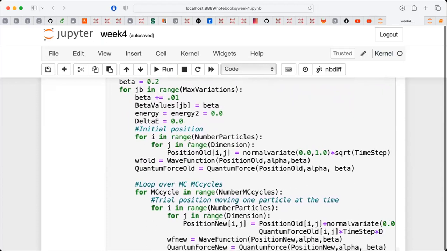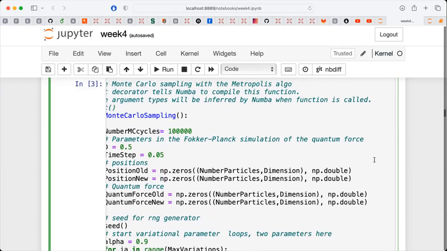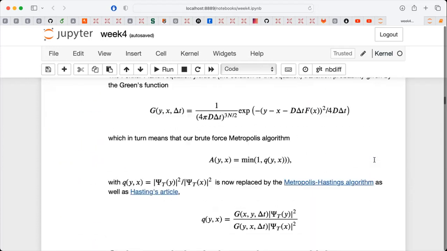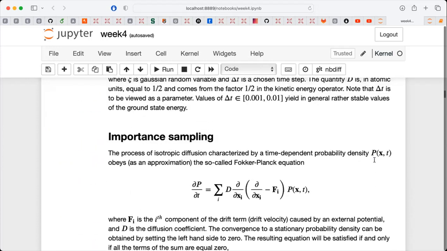I set up an initial position, which is given by a normal distribution with standard deviation 1 and mean value 0, multiplied by the square root of this time step. This goes back to the Langevin equation. Instead of placing myself randomly, I'm now using this equation.